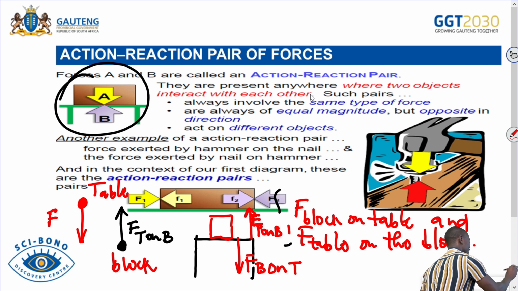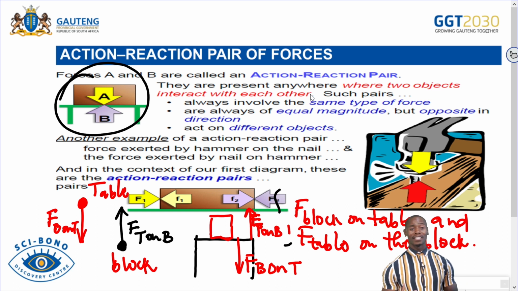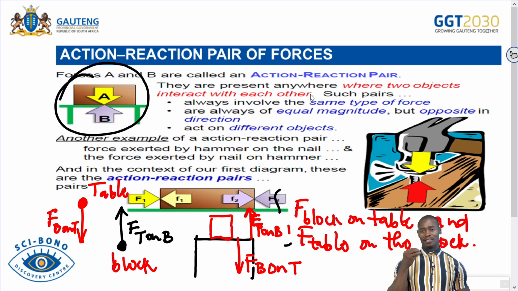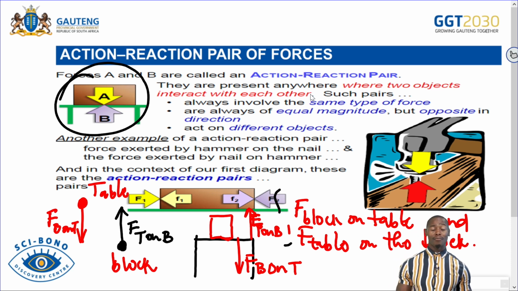So this is the force exerted by the block on the table. You can see that although they are equal in magnitude and acting in opposite directions, they are not acting on the same object. Force B on T, the force of the block on the table, is on the table, and the force of the table on the block is on the block. So they're equal in magnitude, acting in opposite directions, but not acting on the same object.